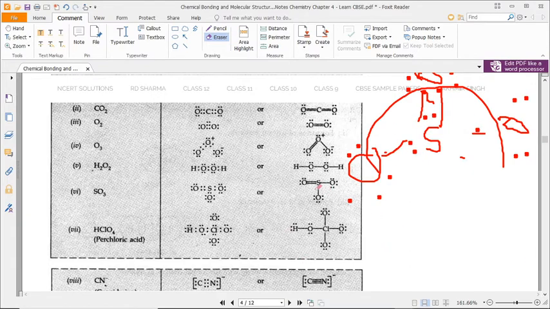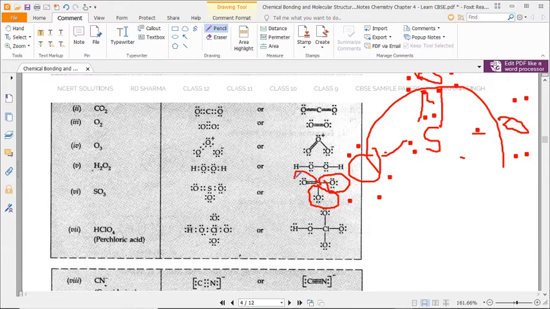So when you make only one double bond, and 2 single bonds, then you will get the octet structure. Now you count it: 1, 2, 3, 4, 5, 6, 7, 8 for this oxygen, 1, 2, 3, 4, 5, 6, 7, 8 for this particular oxygen, and 1 to 8 for this particular oxygen.